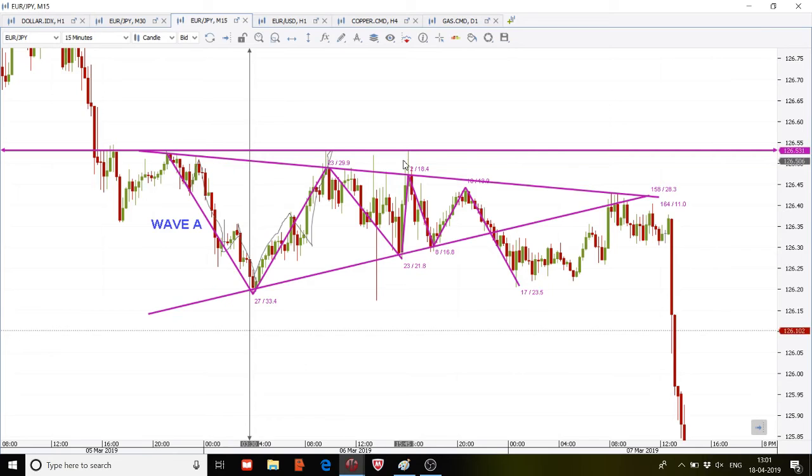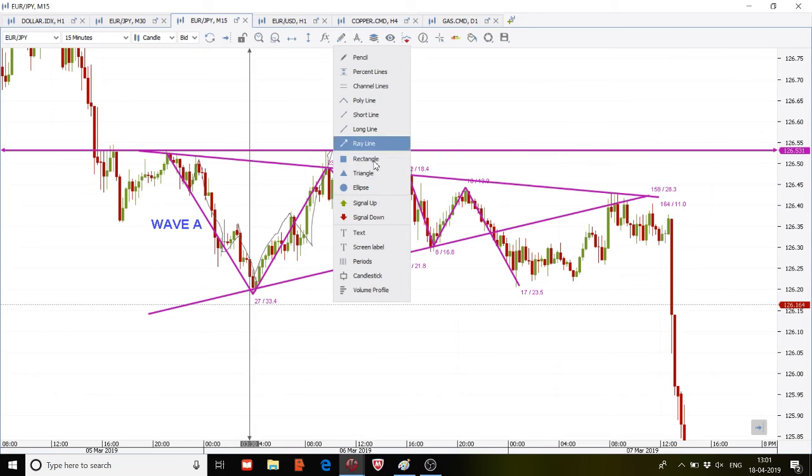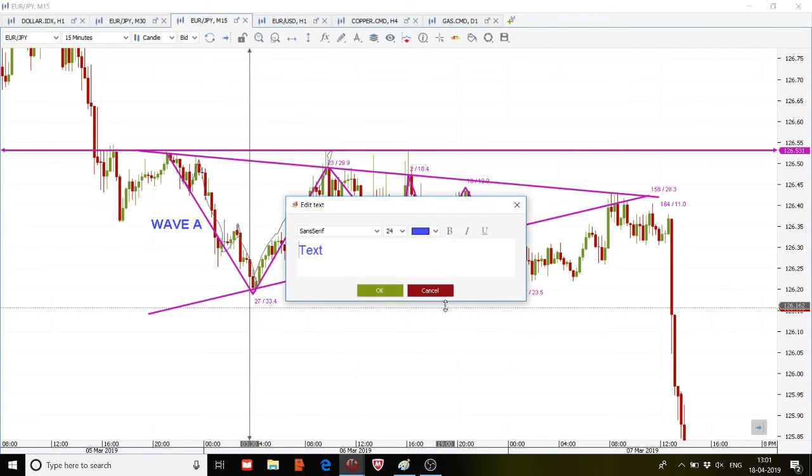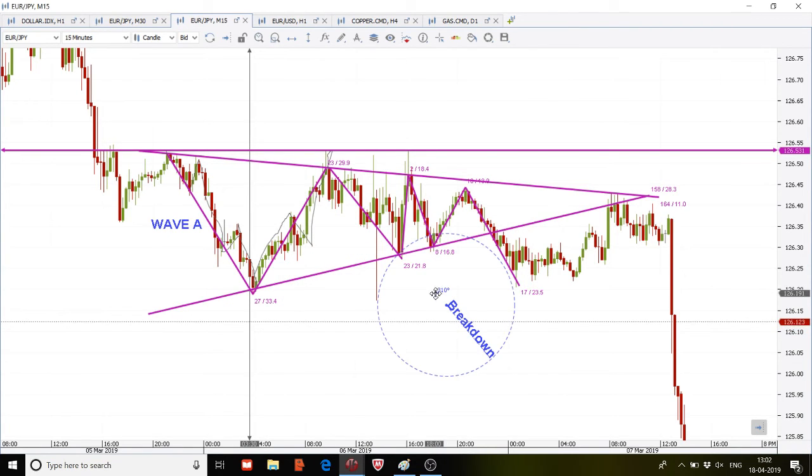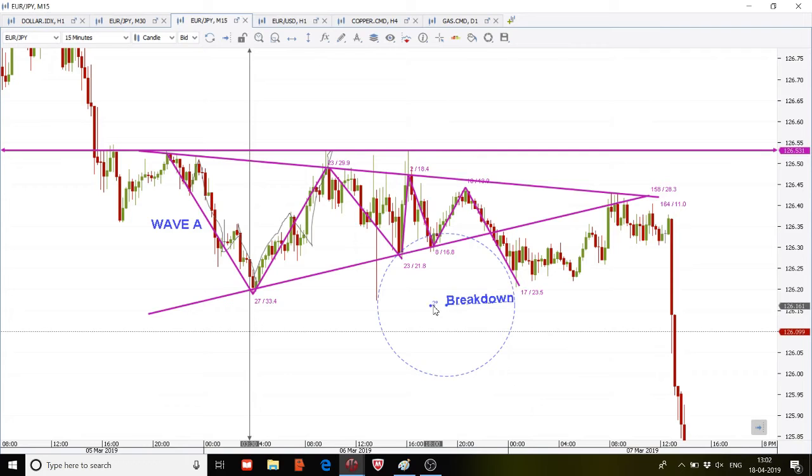And then the rules, what you can do, you can keep the stop loss here. We have got the breakdown here. As soon as you see a breakdown, if you are a breakdown trader, you can use this kind of structure, and then the stop loss will be above this triangle's range.